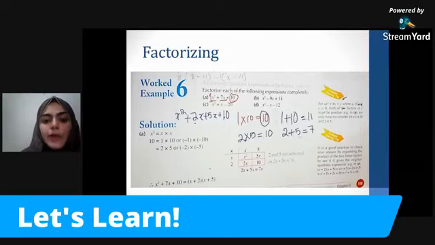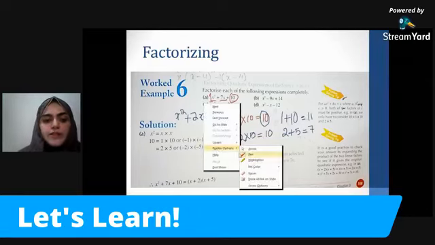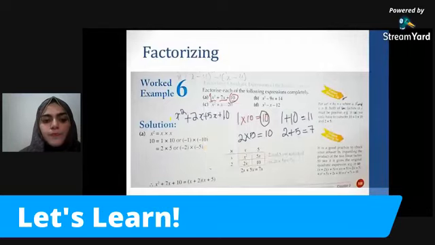Now what I will do is I will divide these all terms into groups and I will take the commons now. So if you see here, we have four terms here. 1, 2, 3, 4. I will be dividing these terms into two groups. This is the first group. This is the second group.